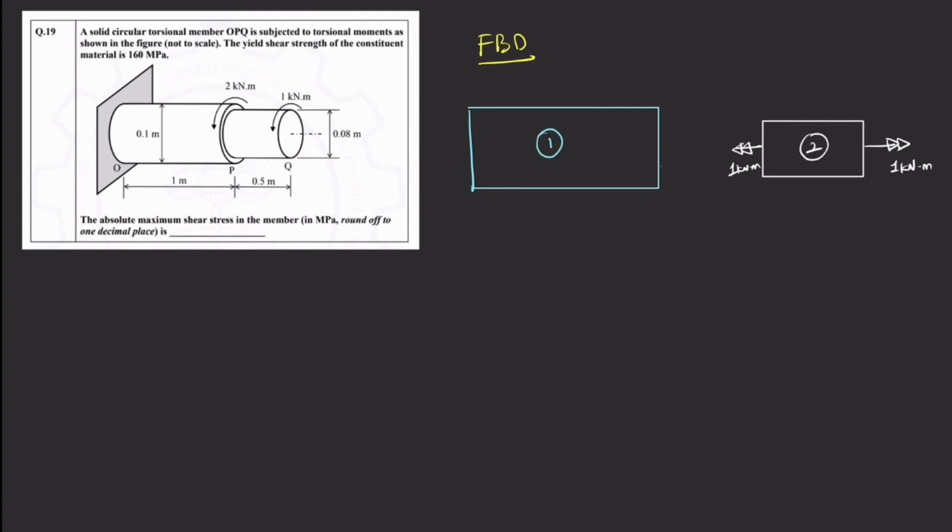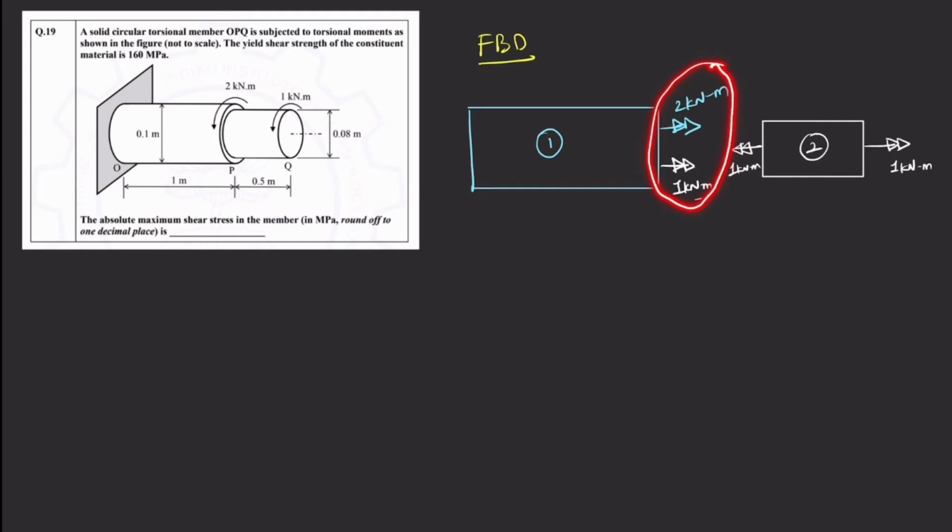Because of Newton's third law, there will also be 1 kilonewton meter acting here, and already there was 2 kilonewton meter acting anti-clockwise. So this is also going to act in the outward direction. So this is 2 kilonewton meter, and combining these two it will be 3.